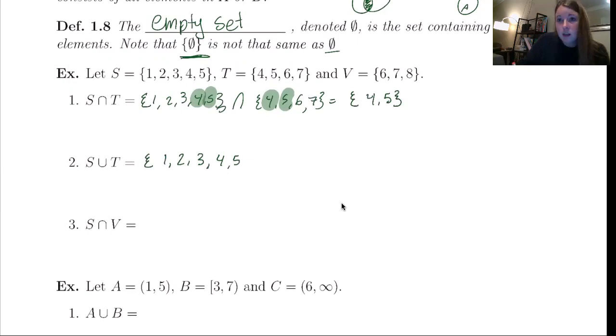I've already said them. I'm not going to say their names again. So I'm just going to continue. I checked them off in T. Yep, already said them. Roll call already. They're good to go. 6 and 7. Coolio. And that's it. I don't need to rewrite that. So union's pretty nice.